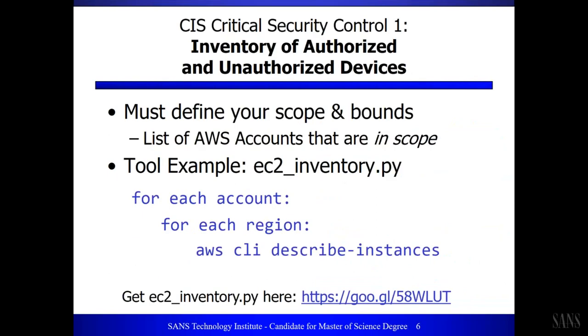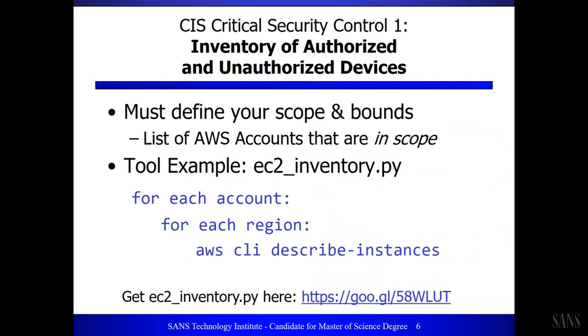The first of the critical security controls that I want to cover is CSC1, Inventory of Authorized and Unauthorized Devices. Security starts with a clear understanding of the scope of what you're tasked to secure. The EC2 inventory.py script that's listed below reads a CSV file that lists the AWS accounts that are in our scope.